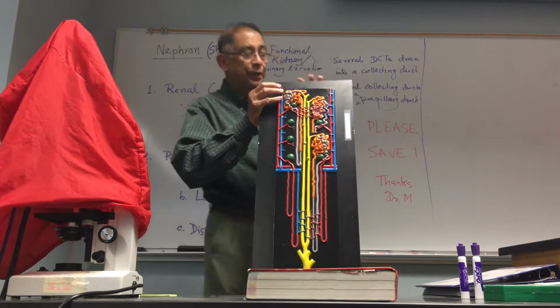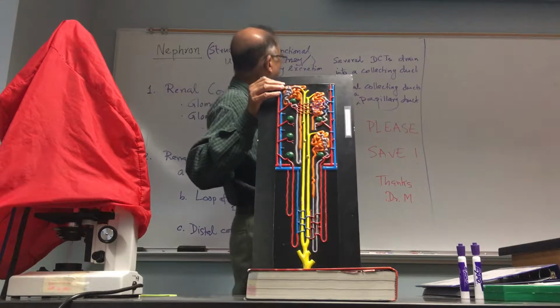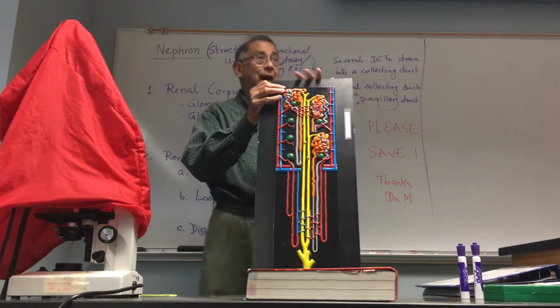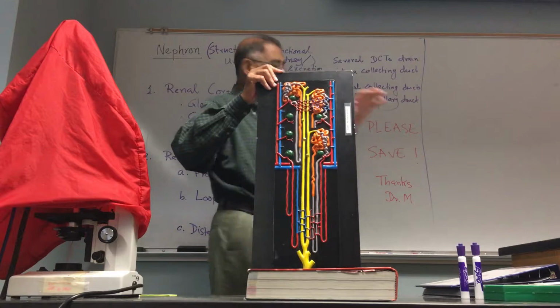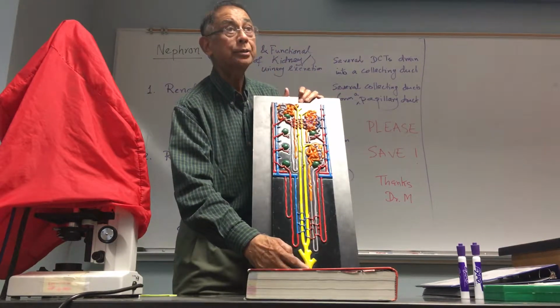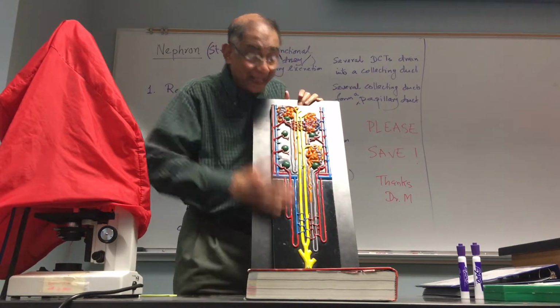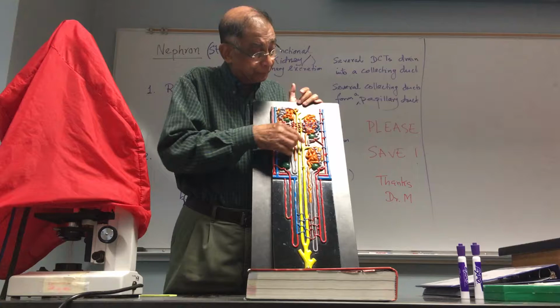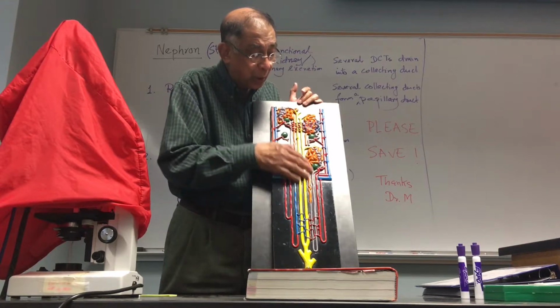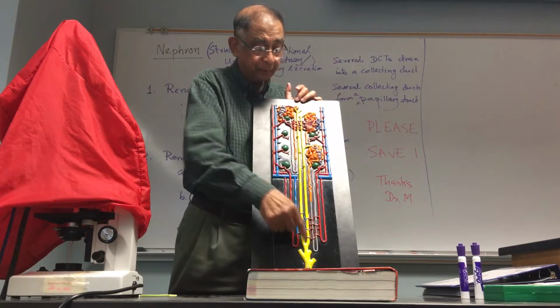Several distal convoluted tubules, like this one, this one, this one, drain into a collecting duct, and several collecting ducts, like these ones, drain into the papillary duct. Okay? And you can see that the efferent arteriole also forms the straight blood vessels called vasa recta.